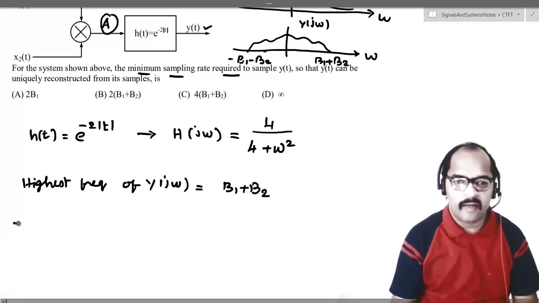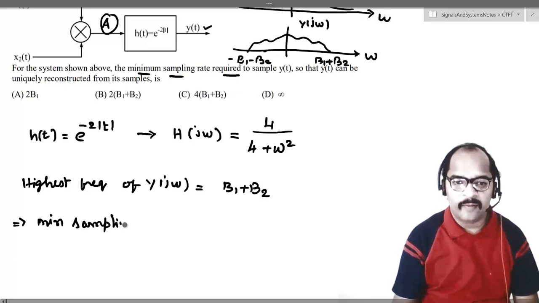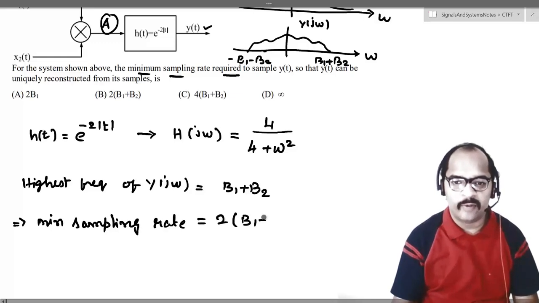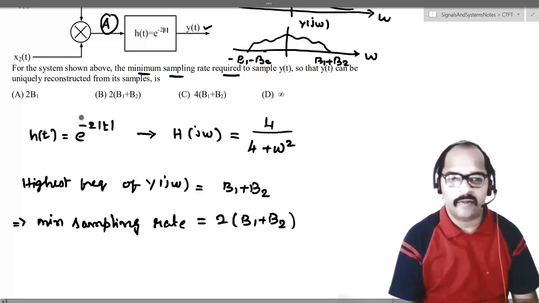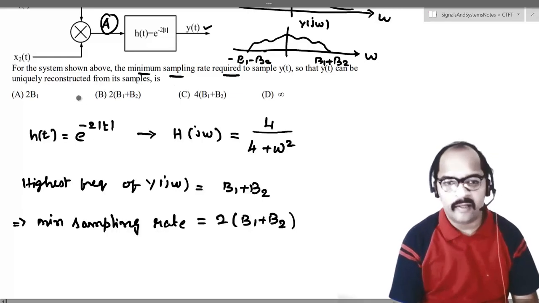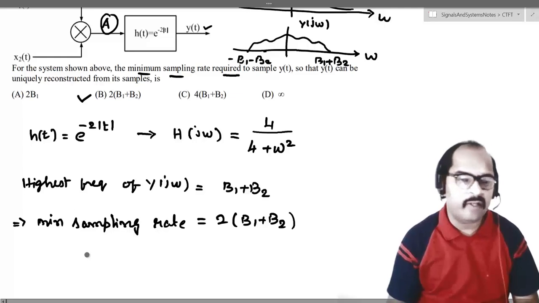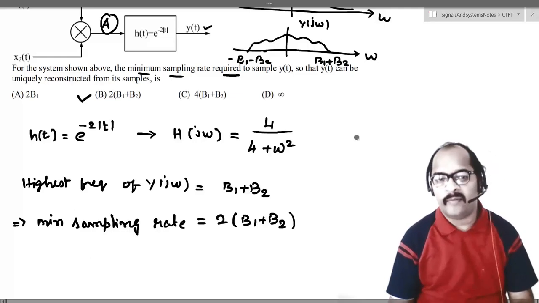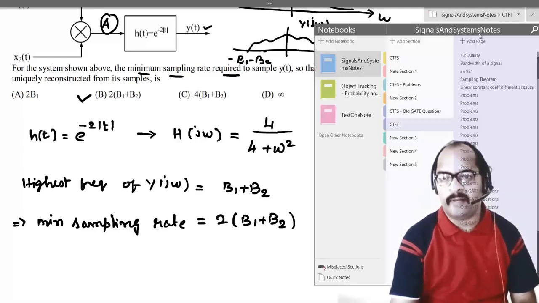This implies the minimum sampling rate should be 2 times b1 plus b2. In this problem the units are not properly given, but intuitively you can say that 2 times b1 plus b2 is the sampling rate.